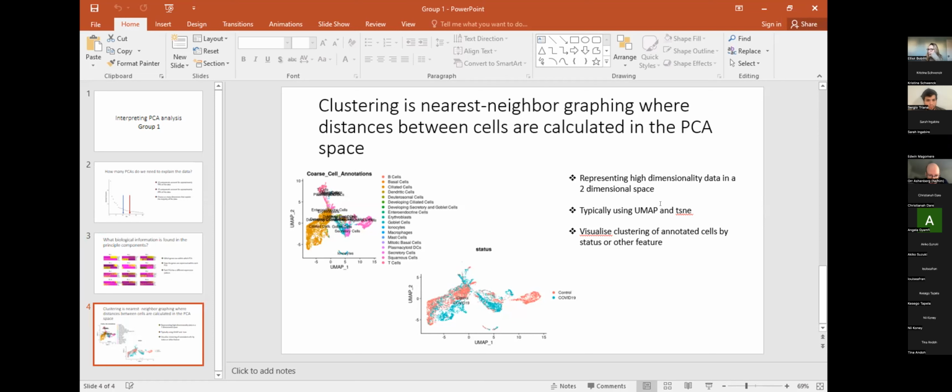And then the last one was about the clustering, where we use the UMAP in the clustering from what was in the R script. Here we did the clustering based on the disease status, which was control and COVID-19 participants. You can see that most of the cells are overlapping for the control and the COVID cases.